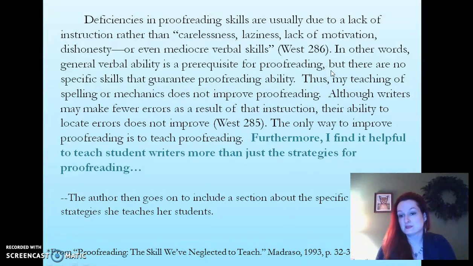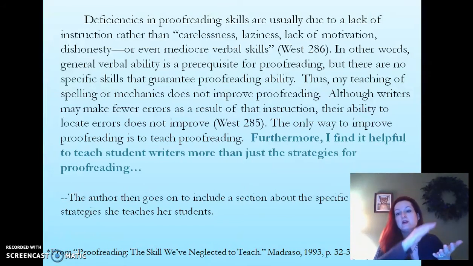And then in the next paragraph, the author continues to develop that idea that this has to be taught. It's a skill. Deficiencies in proofreading are usually due to a lack of instruction. So again, it has to be taught. It's not innate. And then now at the end of that paragraph, we get another transition sentence that lets us know the next paragraph is going to get real specific about how you teach it and what the strategies are.